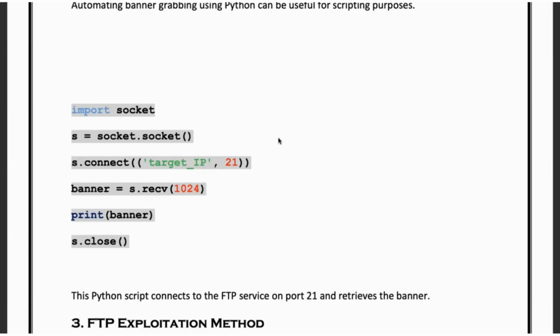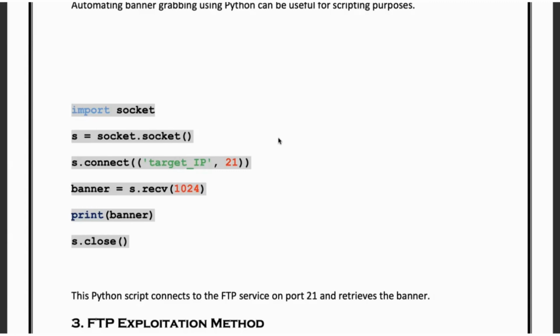So you will know if your known service is running on a different port. Like Sachin is saying that in Meta 2, ProFTPD is running on port number 2121. So we know that port 21 is used for FTP, but on the server, the FTP service is running on a different port number. So these kinds of situations can happen.